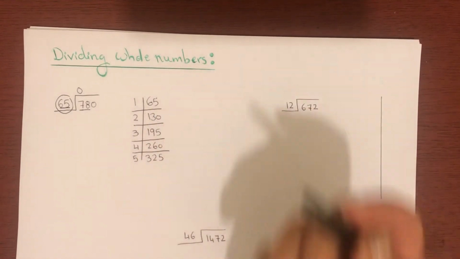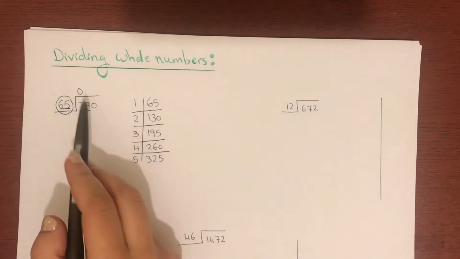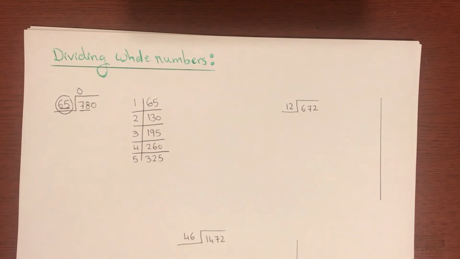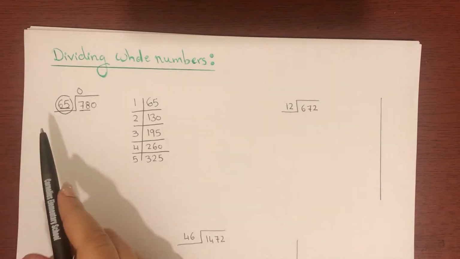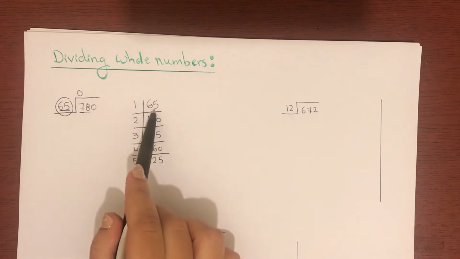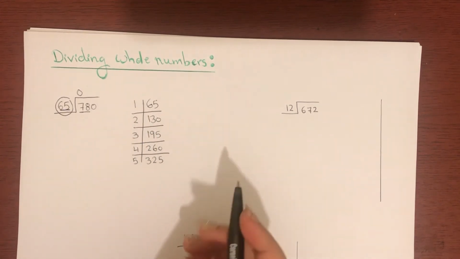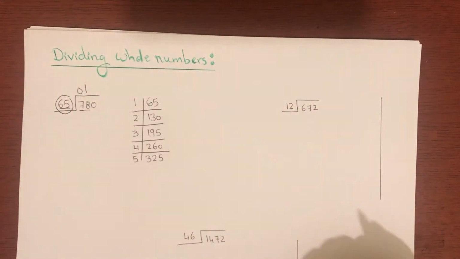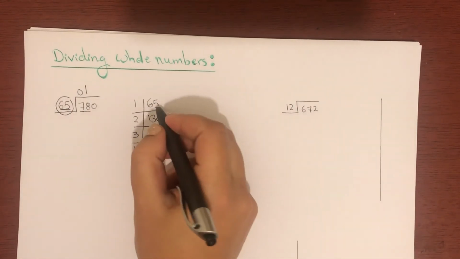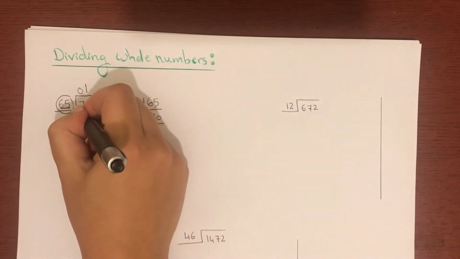So the way the t-chart works is you're looking for the biggest number that's less than what I want. So in this case, 65 will fit into 78 only one time, because 2 times will give me 130, and that would be too big to fit in. So I put the 1 at the top, and then the number that's next to the 1 on the t-chart, I put it under the 78.